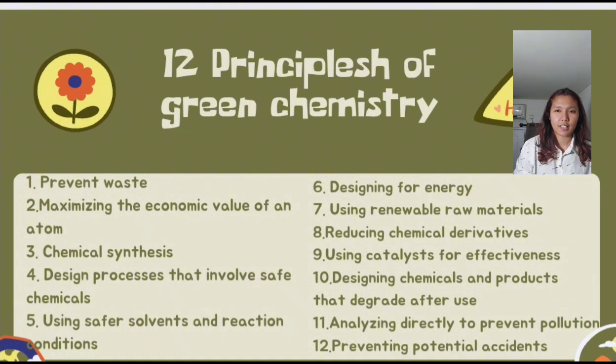Next is analyzing pollution prevention. Perform real-time analysis methods to prevent the formation of environmentally hazardous matter. And the last is preventing the risk of accidents. Finally, prevent the risk of accidents by selecting the chemicals used in chemical reactions and improving procedures.